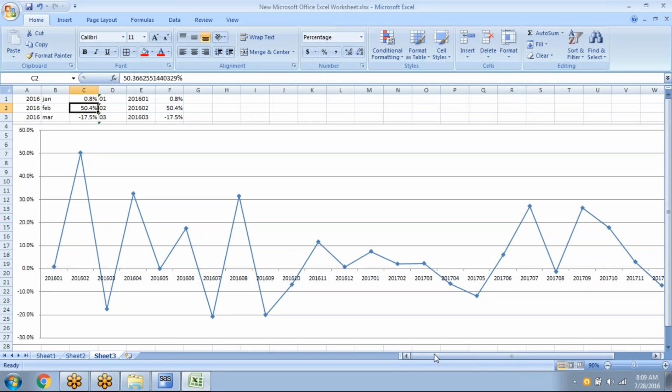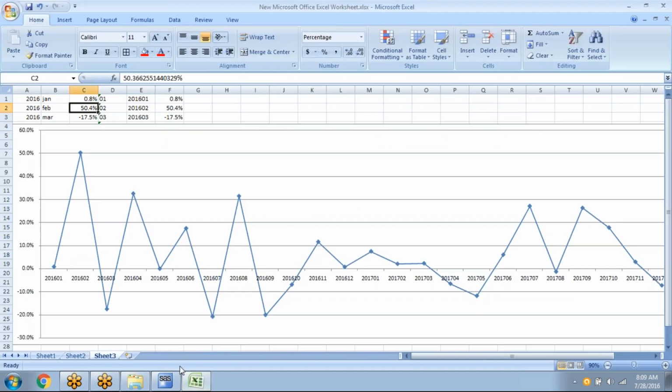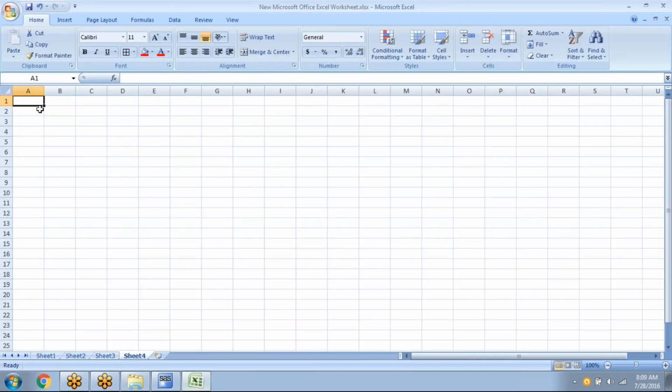Once you have those calculations and when you plot them, you can find out if there is any spike or dip in the trend. Then you can come up with some solution. You can say that okay, so and so thing has happened in so and so month. Let's say, for example, you have the same information.